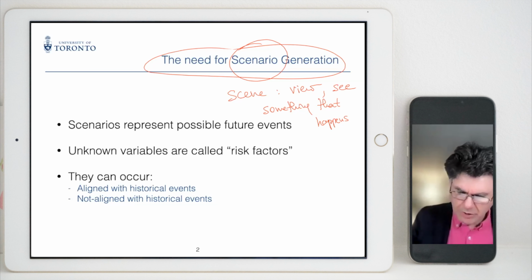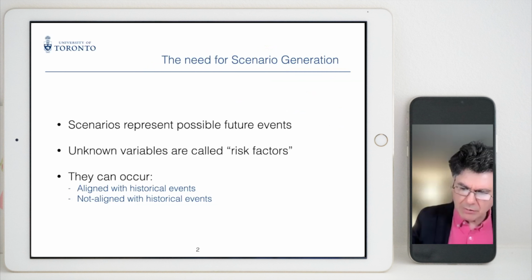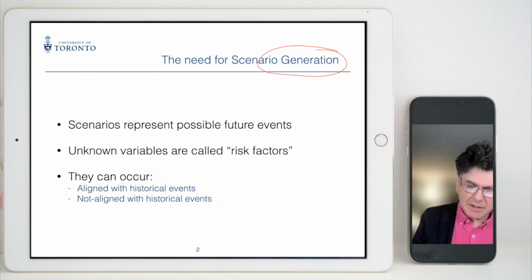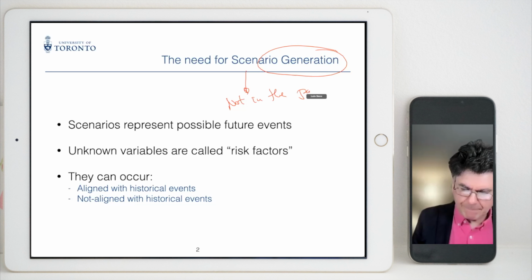And what we want to do here is we want to be able to generate scenarios. Generation means we're going to generate. Okay, that means that the scenarios that we have here are not in the past, they are in the future.